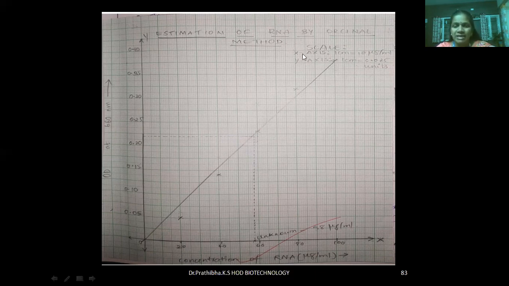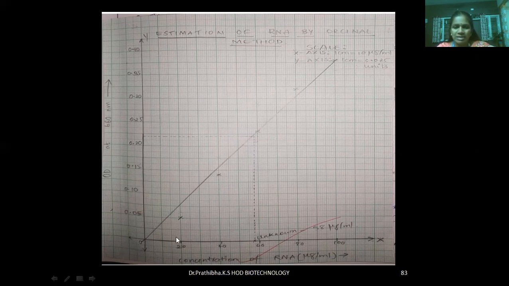You need to write the scale. X-axis, 1 centimeter, how much have you taken? 10 microgram. Then on the y-axis I have taken 1 centimeter equal to 0.025 units. Like that you need to take the distance for 1 centimeter.